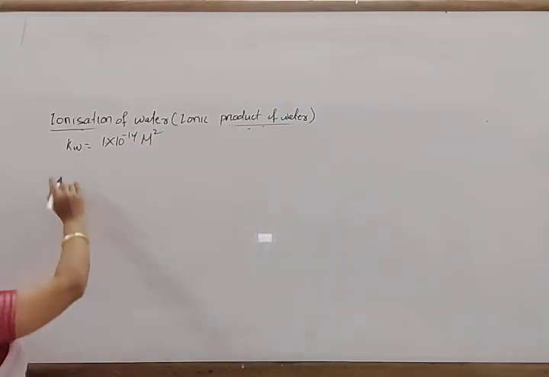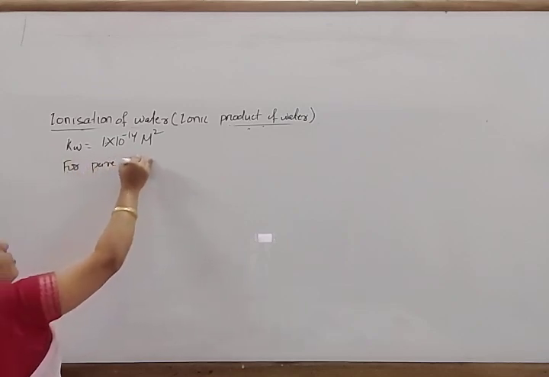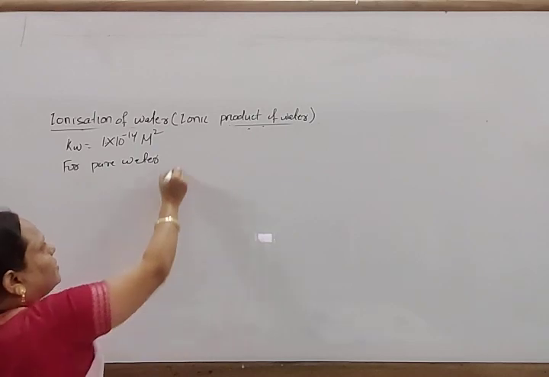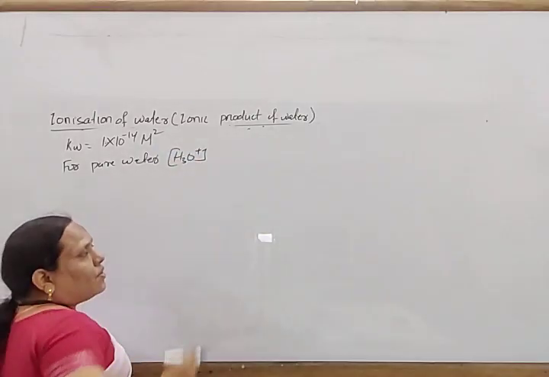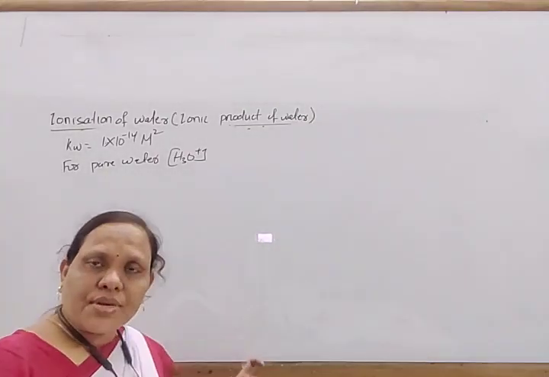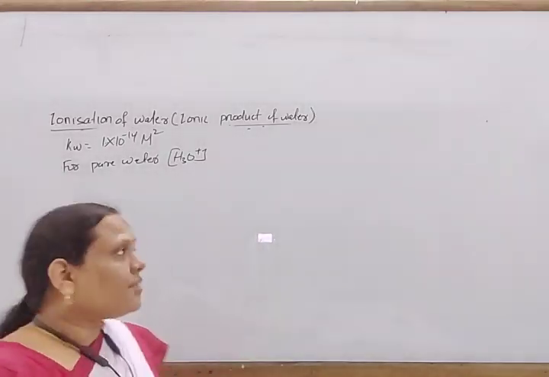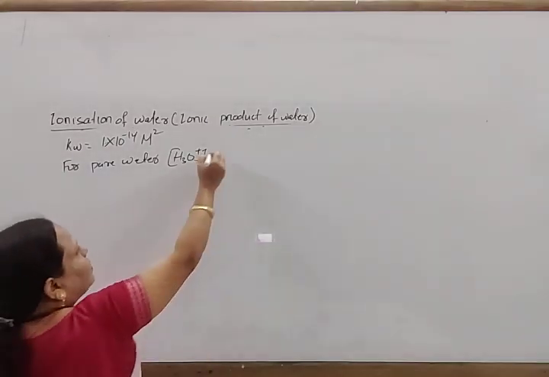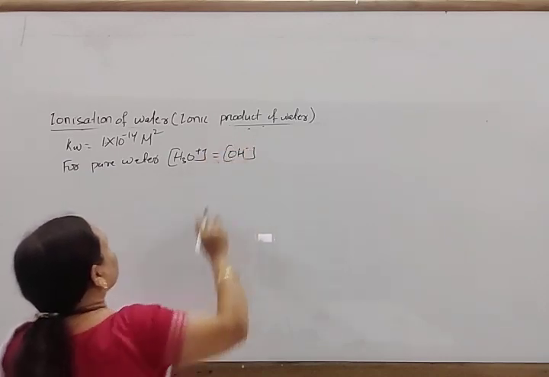So for pure water, the water dissociates to give H plus ion and OH minus ion. The same quantity of H3O plus ions and the same quantity of OH minus ions are there. So for pure water, the H3O plus concentration is equal to the OH minus concentration.